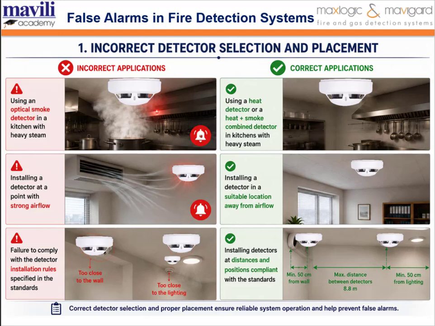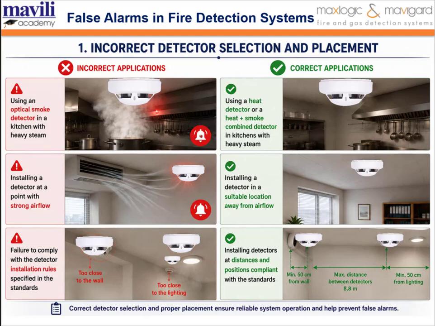So the first one is incorrect detector selection and placement. One of the most common causes of false alarms in fire detection systems is the selection of a detector type unsuitable for the application area or the placement of the detector in the wrong location. Each detector is designed for different environmental conditions, and they can only perform correctly in the appropriate environment.